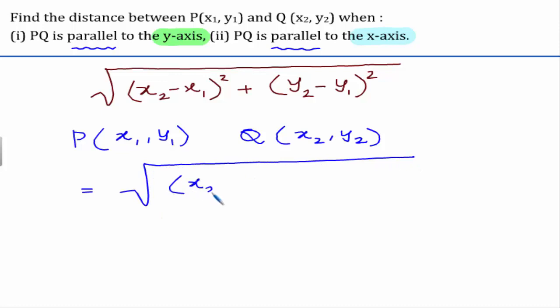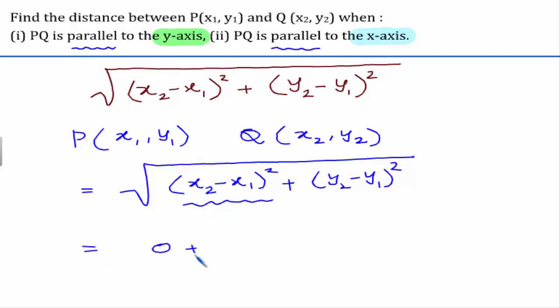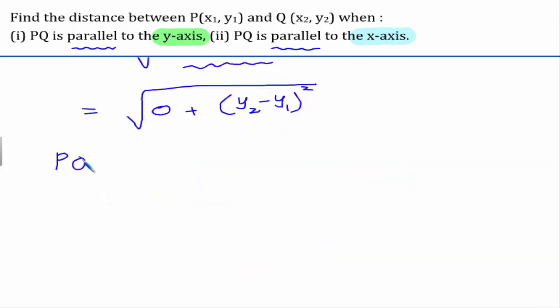This is x2 minus x1 whole square plus y2 minus y1 whole square. Now this value will be 0 because x2 and x1 are equal. So this will be square root of 0 plus y2 minus y1 whole square, and this PQ length will be modulus y2 minus y1.